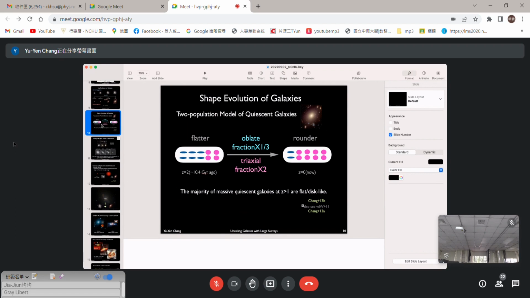For this work, we only focus on quiescent galaxies, and if I remember correctly, we excluded all merging galaxies or other types. So it's possible that if we consider merging galaxies, they can be a special population. But I don't know. It can be future work.